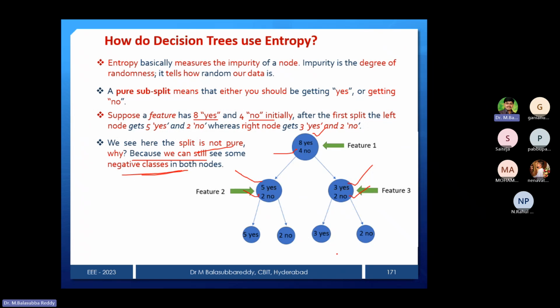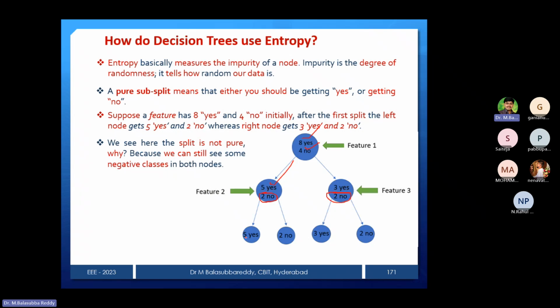Suppose 8 members are saying yes for a movie and 4 members are saying no. Then you could write only yes for those saying yes, and only no for those saying no. But the decision is not final, because even though 8 is yes and 4 is no, the left side again has both categories, and the right side as well.